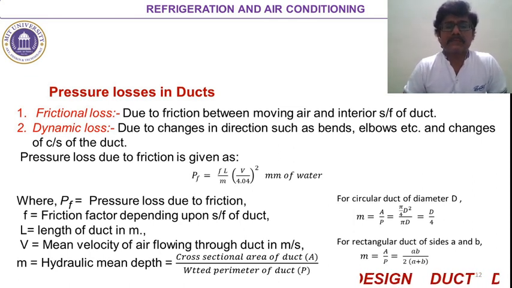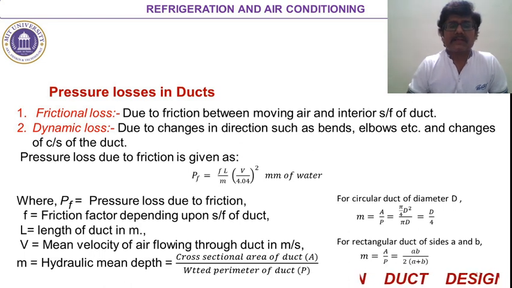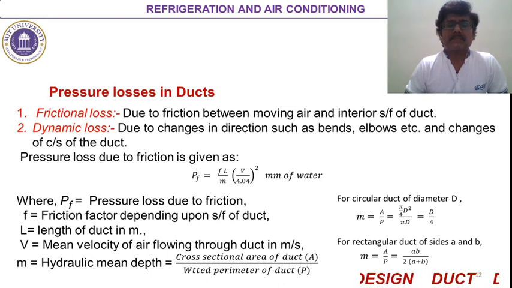Pf is the pressure loss due to friction in millimeter of water. F is the friction factor, which depends upon the surface of the duct. This friction factor would normally be given to you in the problem, or you need to obtain it from some suitable source, such as a graph. L is the length of the duct in meter.